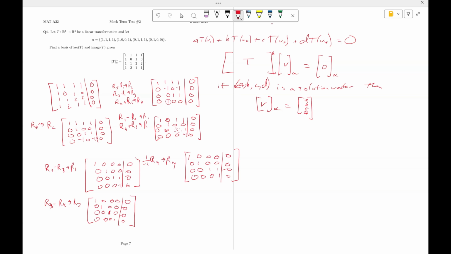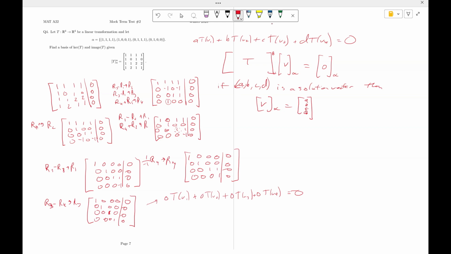Which gives me the homogeneous system, which implies 0 T(v1) plus 0 T(v2) plus 0 T(v3) plus 0 T(v4) equals 0. That is what this system represents.